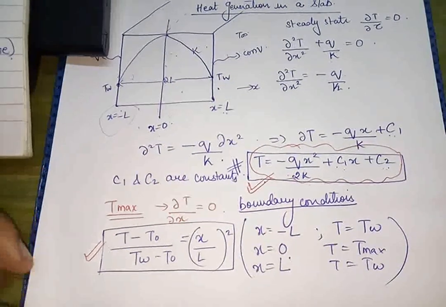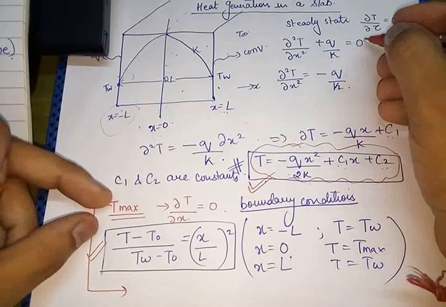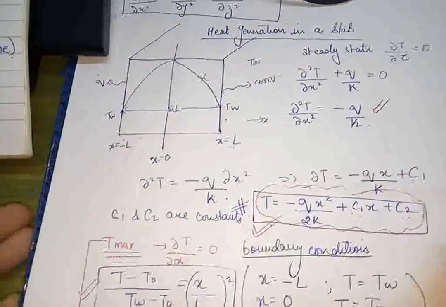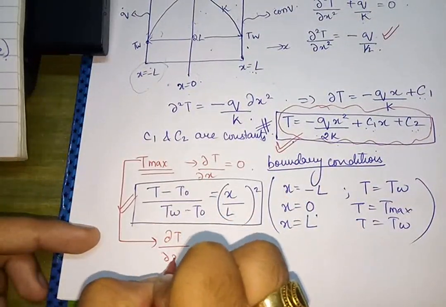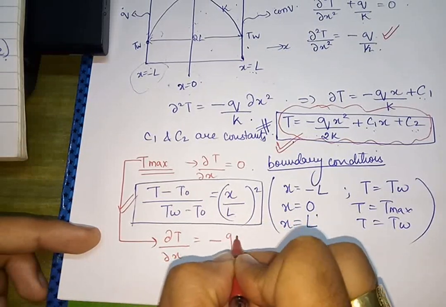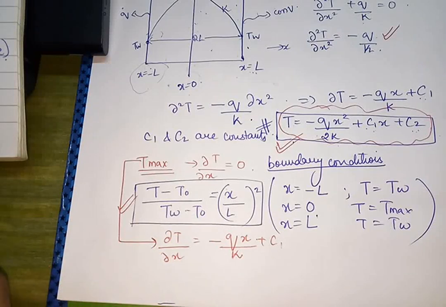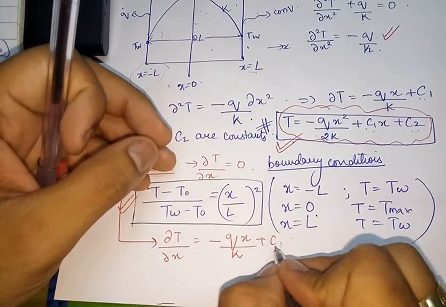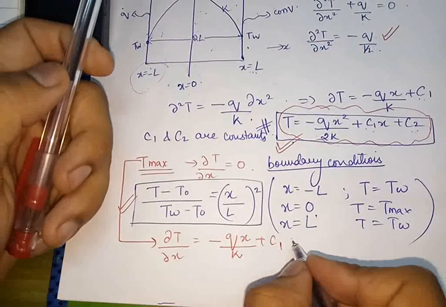From this equation, the value of del T upon del X would be minus Qx upon K plus C1. Now in order to have the maximum temperature, this del T upon del X is equal to 0.